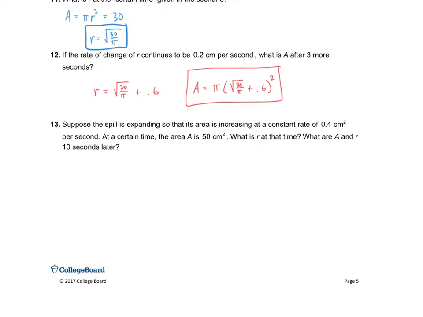Okay, suppose the spill is expanding so that its area is increasing at a constant rate of 0.4 square centimeters per second. At a certain time, the area is 50. What is r at that time? And then what are A and r 10 seconds later?